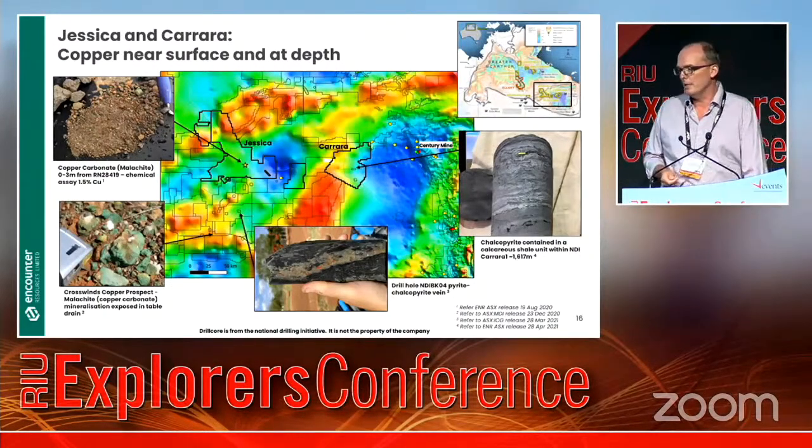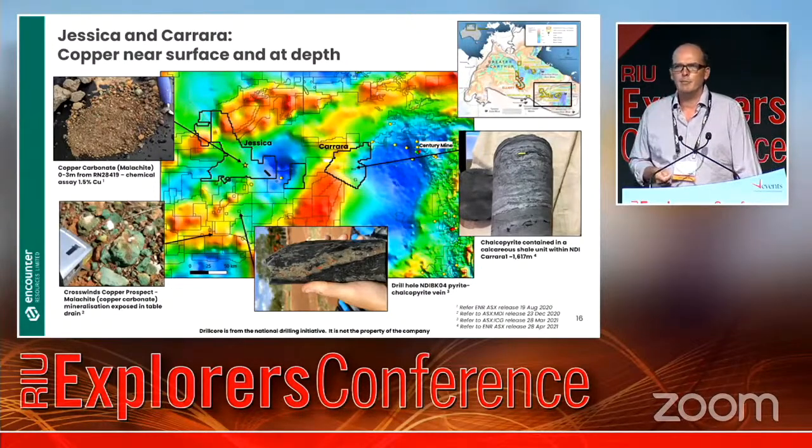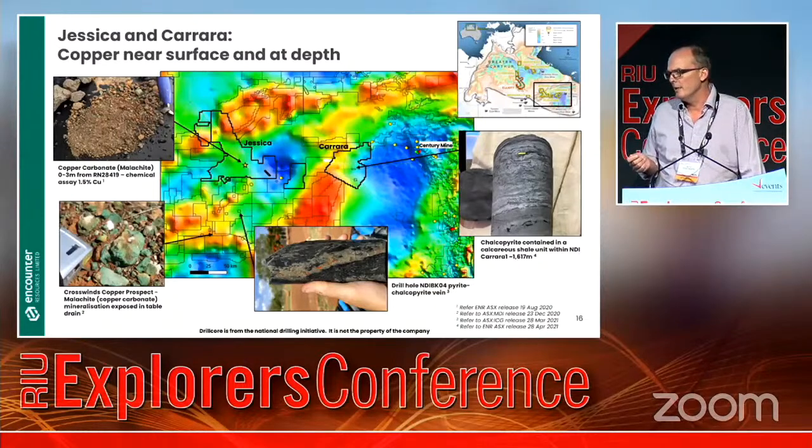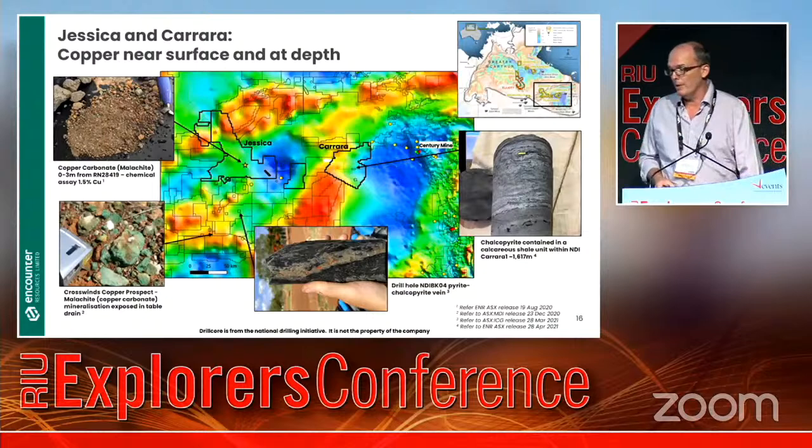The National Drilling Initiative through the MinEx CRC drilled copper in their stratigraphic holes. And further out to the east, as part of that Exploring for the Future program, the government drilled a 1.7 kilometre deep hole at Carrara to demonstrate that the same geology that's hosting Century and Mount Isa is coming back to surface in the Northern Territory on the margin of the other side of the Carrara Basin.